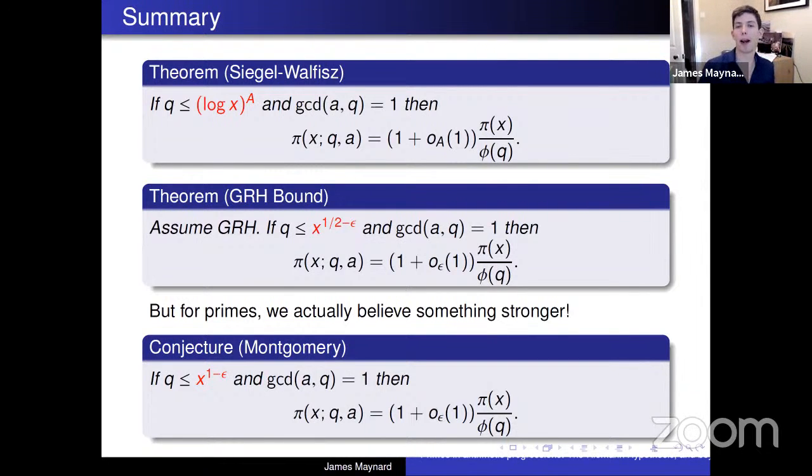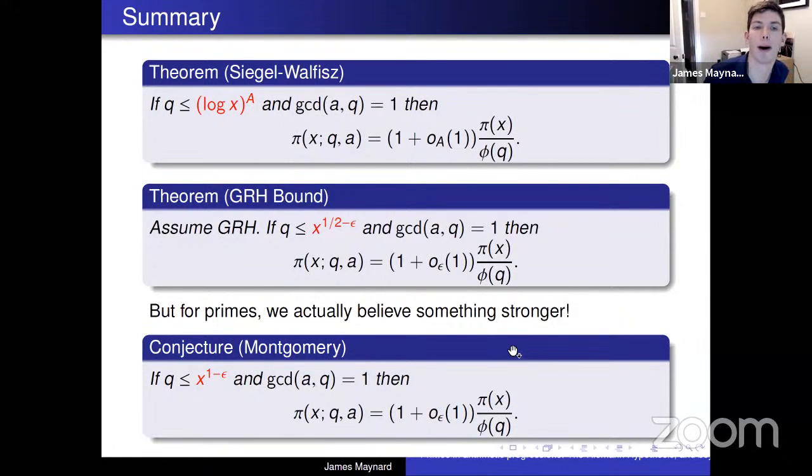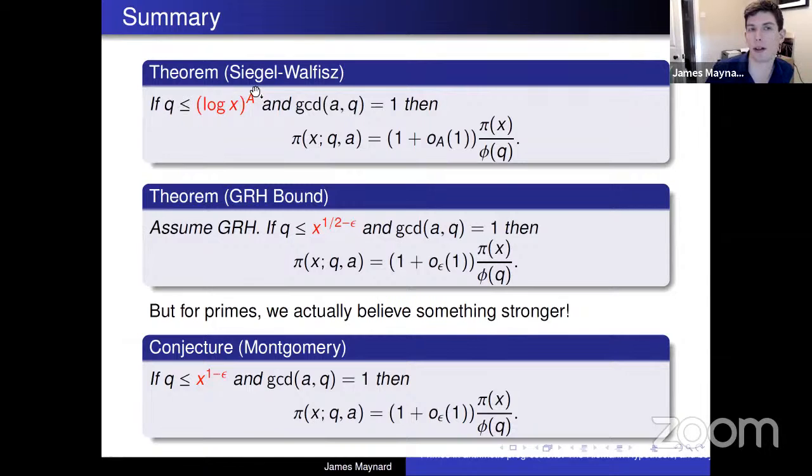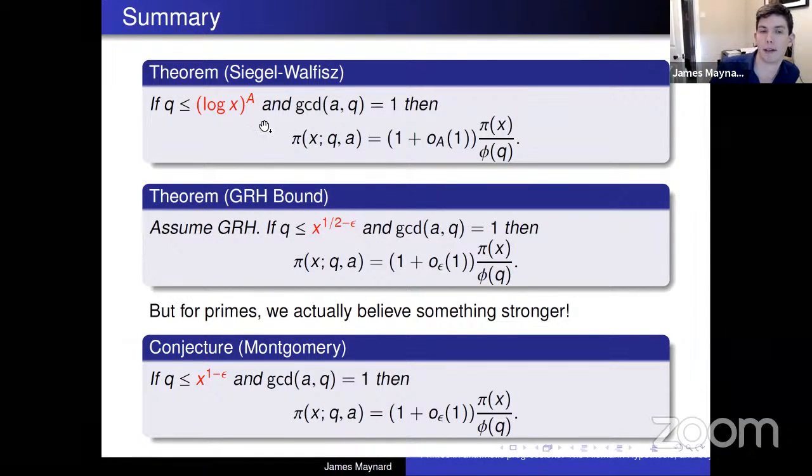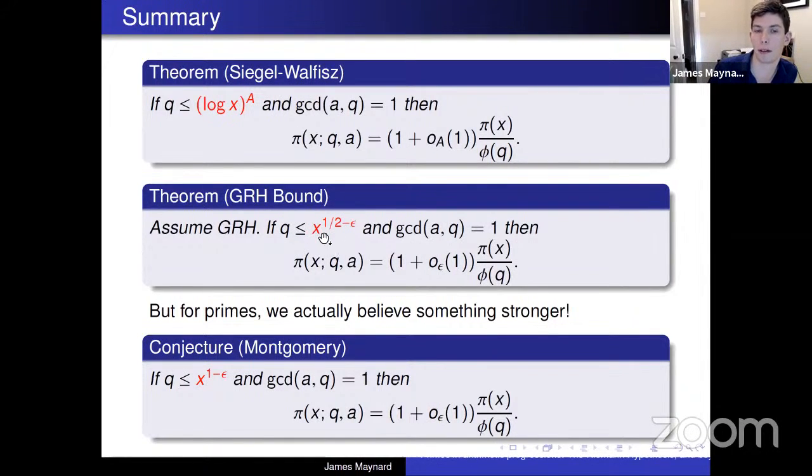And fundamentally, this slide summarizes everything that we know about my original question. Unconditionally, we're restricted to q being very small, of logarithmic size. And to make any progress, we'd have to make progress on this famous problem about zeta zeros. But if you assume a well-known conjecture, such as the Riemann hypothesis, then you can extend the range of q a lot, and you can allow q to be of size almost the square root of x.